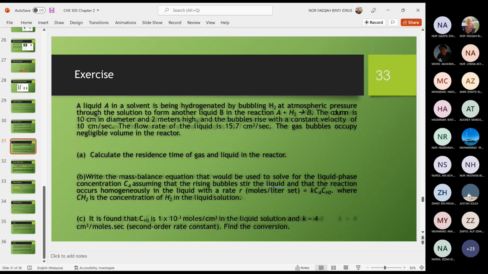Okay. Alright. So a liquid A in a solvent is being hydrogenated by bubbling. So we know this is a bubble column.